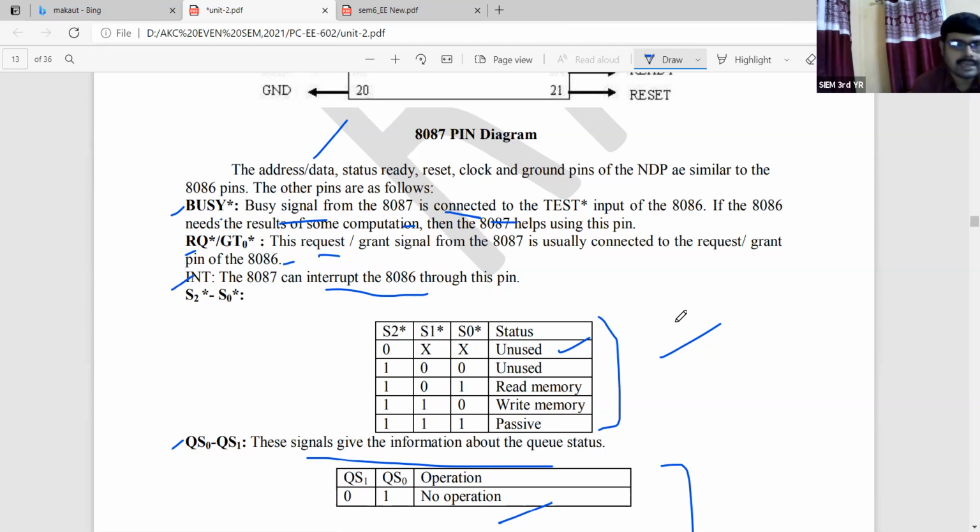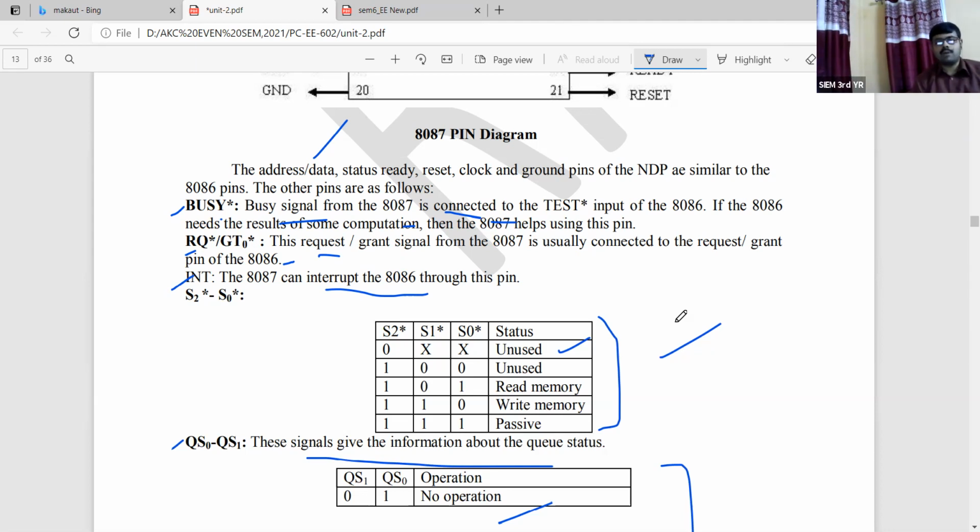If the 8086 needs the results of some computation, then the 8087 helps us with this pin. Next, RQ bar slash GT bar. This request or grant signal from the 8087 is usually connected to the request or grant pin of the 8086. INT is the interrupt input signal, so the 8087 can interrupt the 8086 through this pin.